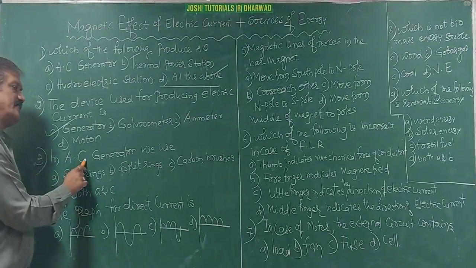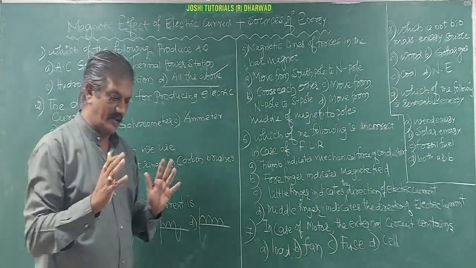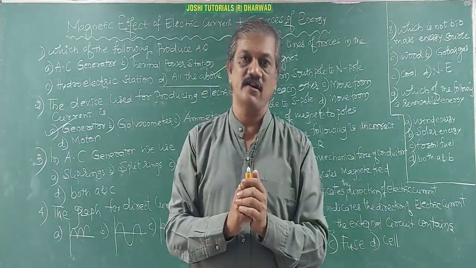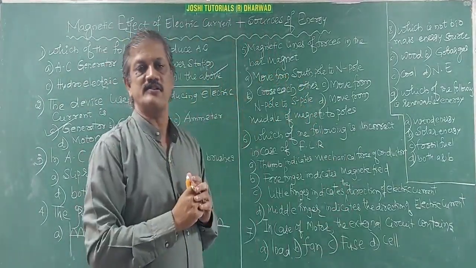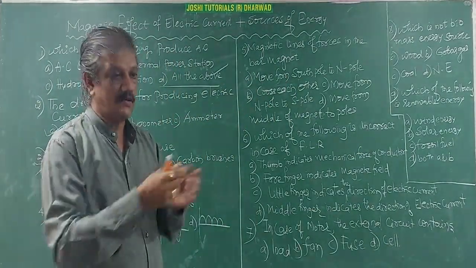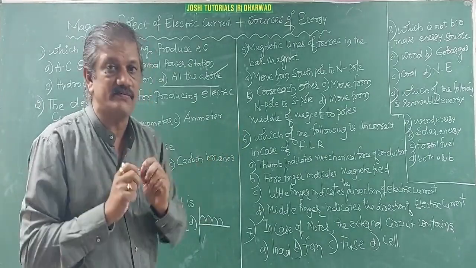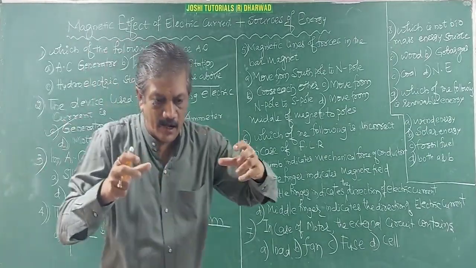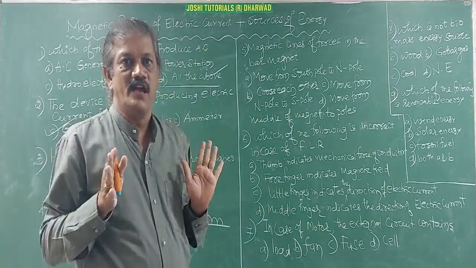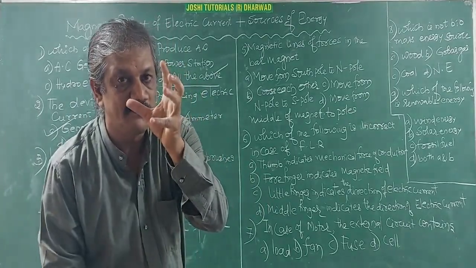You must know what the motor contains and what the generator contains. North-south poles, a ring, a rectangular coil, arms connected to the slip rings or split rings, then carbon brushes from there to the external source. If you come across a generator, the external source is the load, a bulb.